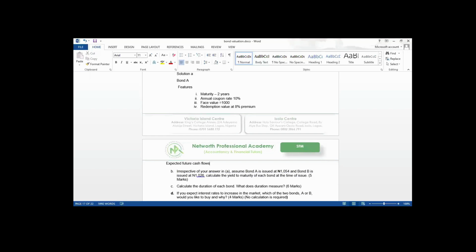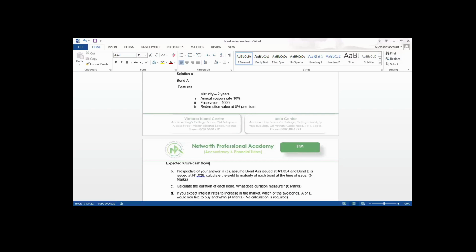We said to calculate the market price of a redeemable bond, this is calculated as the present value of the expected future cash flow. These cash flows will be discounted by the bond yield.